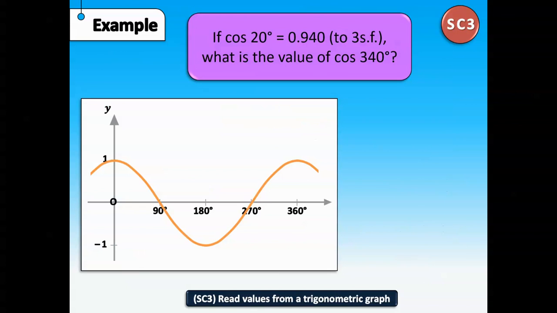So if cos 20 equals 0.940, what is the value of cos 340? Well, if we have a look at those points on the graph, we can see that cos 340 will be exactly the same as cos 20.